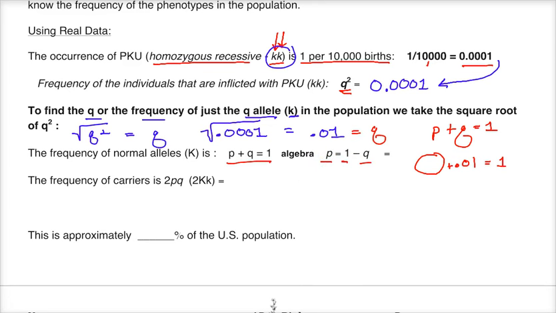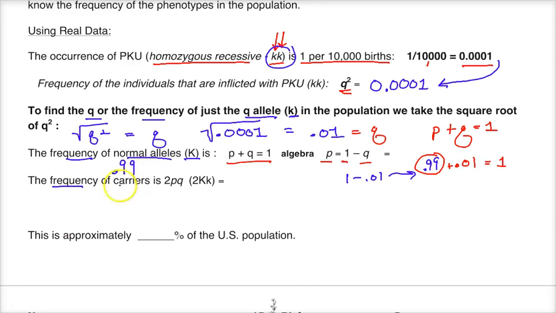And what should you get there? You're going to get 0.99. If p plus q equals 1, and my q is 0.01, then 1 minus 0.01 is equal to 0.99. So the frequency of the normal alleles of the entire population is 0.99.